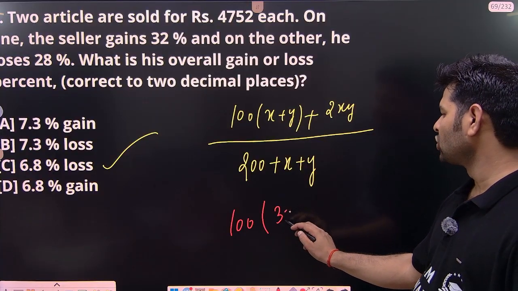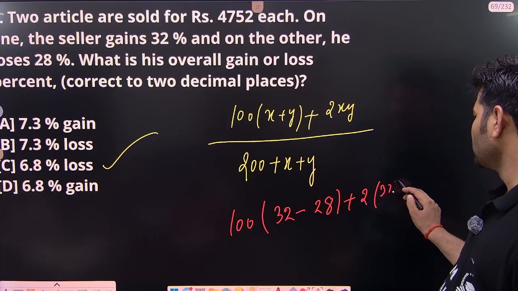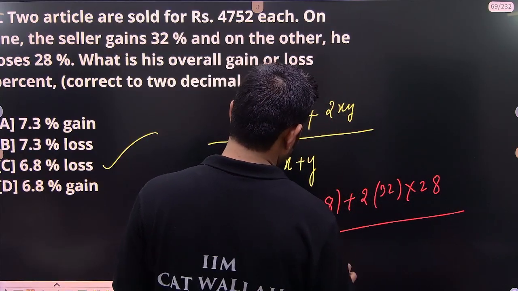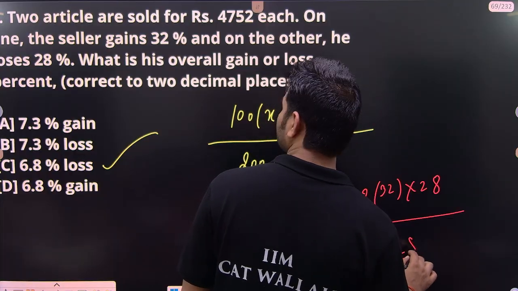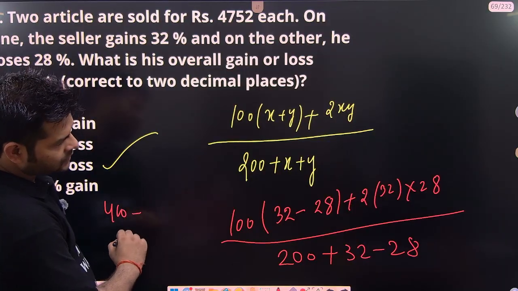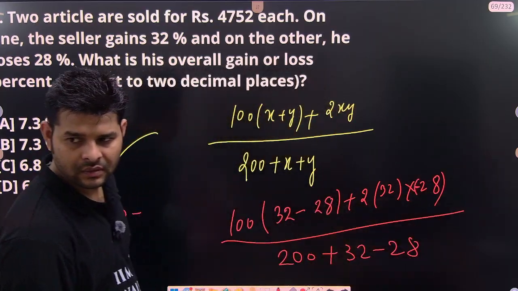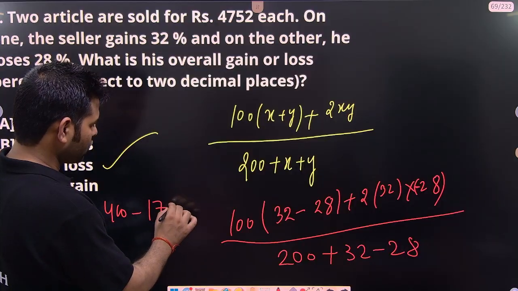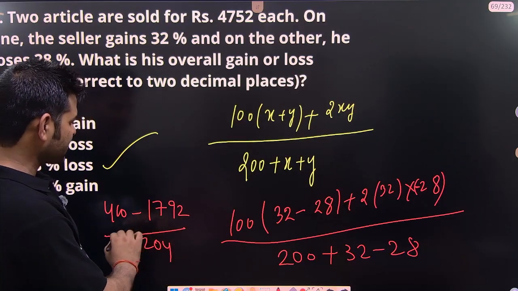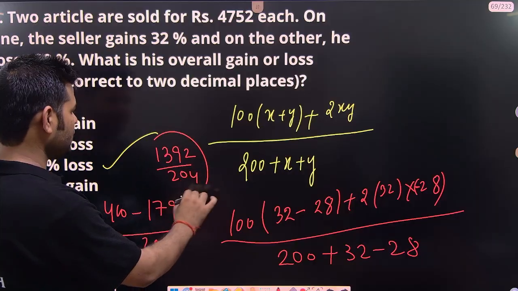So 100 times (32 minus 28) plus 2 times 32 times 28 upon 200 plus 32 minus 28. You will get 400. You need to apply minus over here. Minus 1792 upon 204. If you subtract and solve it, you will get the answer.